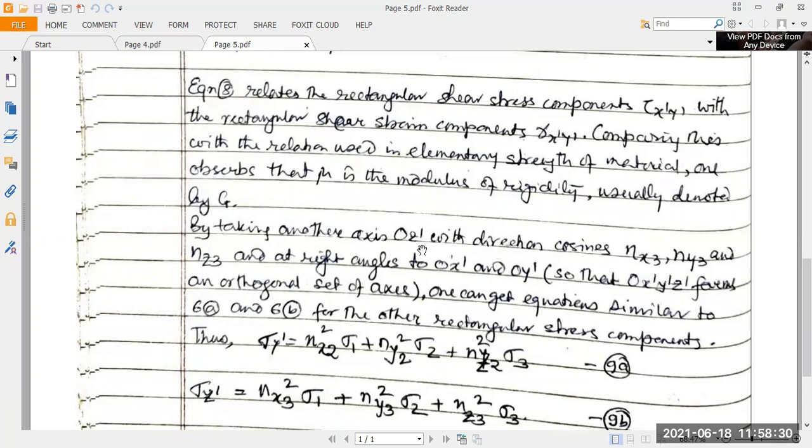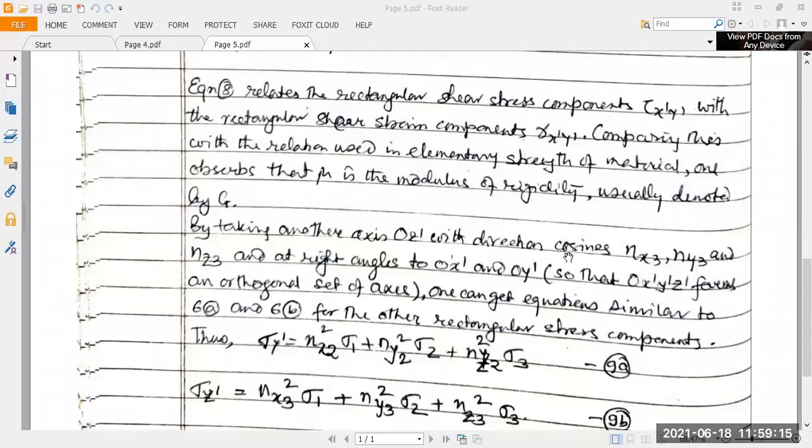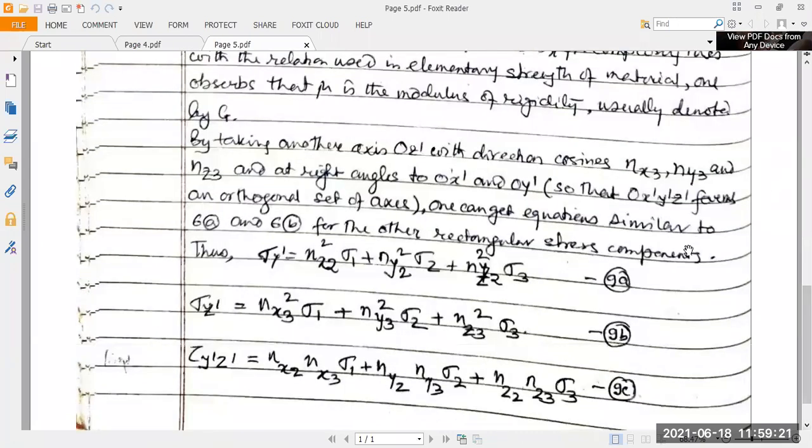So, similar to equations 6 and 8, we can get the relation between them. One cannot get an equation similar to sigma x and sigma y with an equation like this.